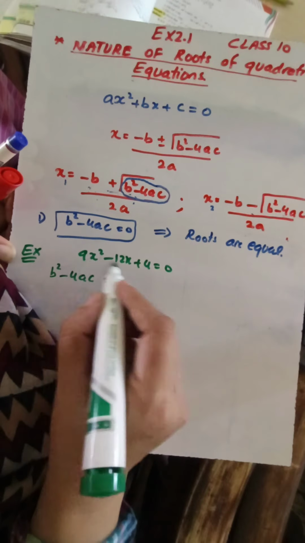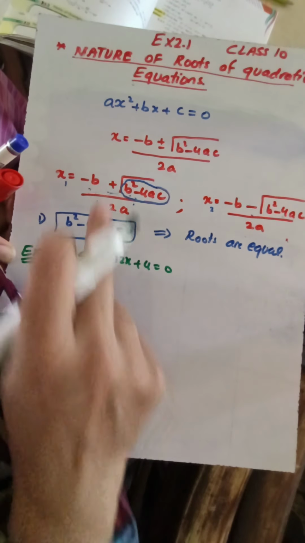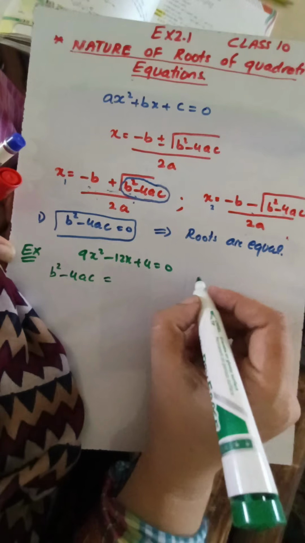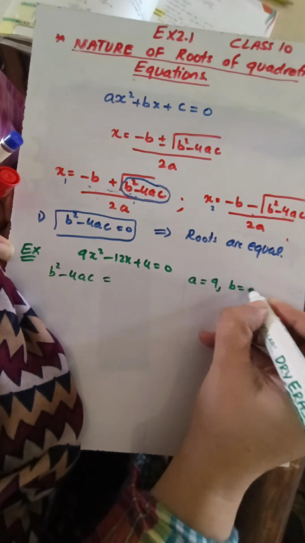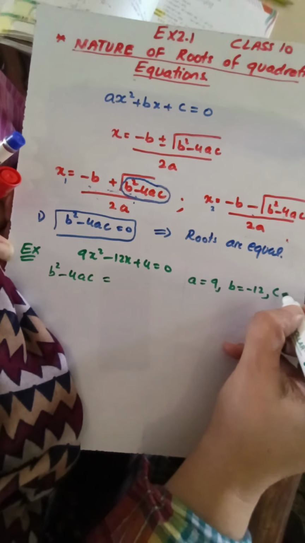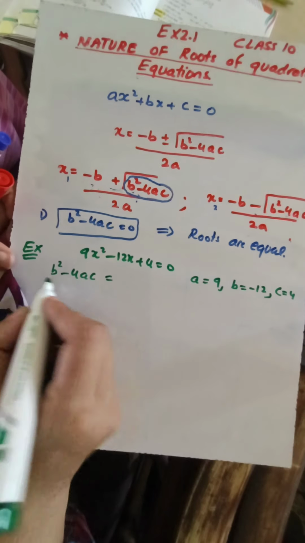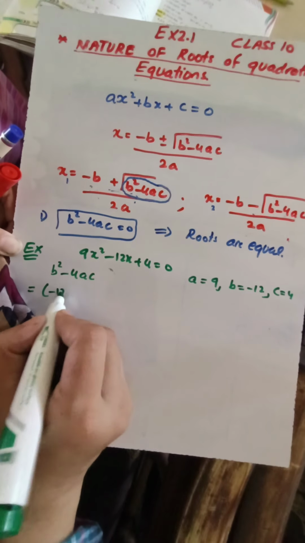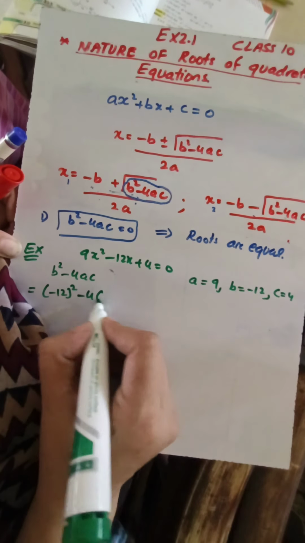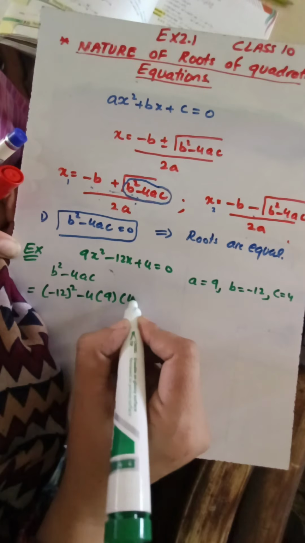Now we know that if we compare it to the standard quadratic equation, over here a is equal to 9, b is equal to negative 12, and c is equal to 4. Now if I calculate the factor b square minus 4ac, it will be negative 12 whole square minus 4 into a into c.